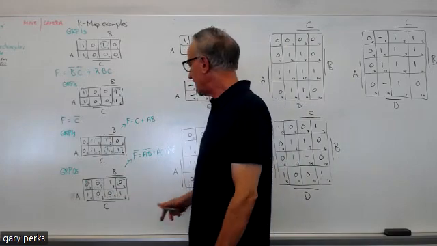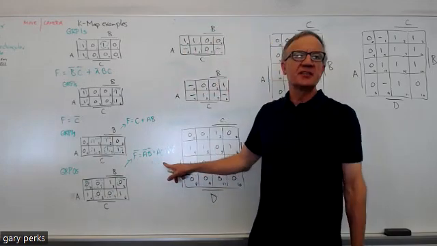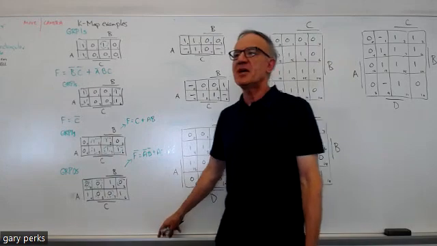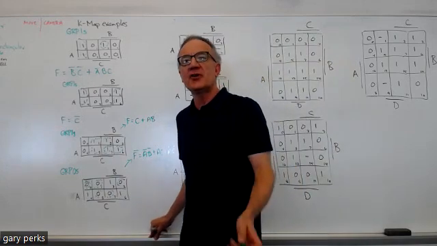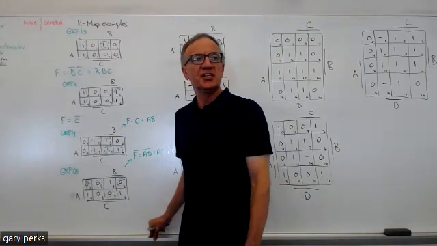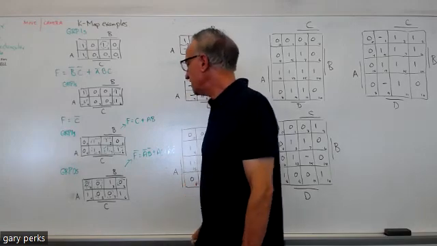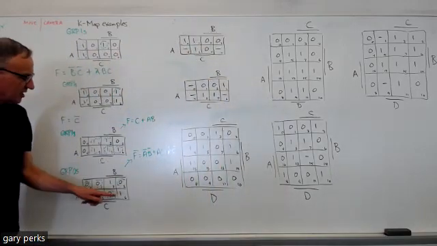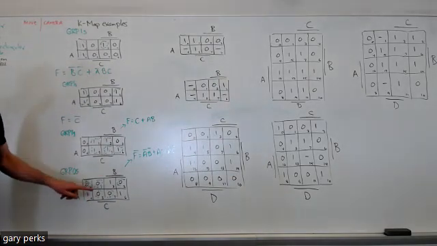So the reason I point that out is because this example shows that sometimes a K-map gives more than one correct reduced equation.